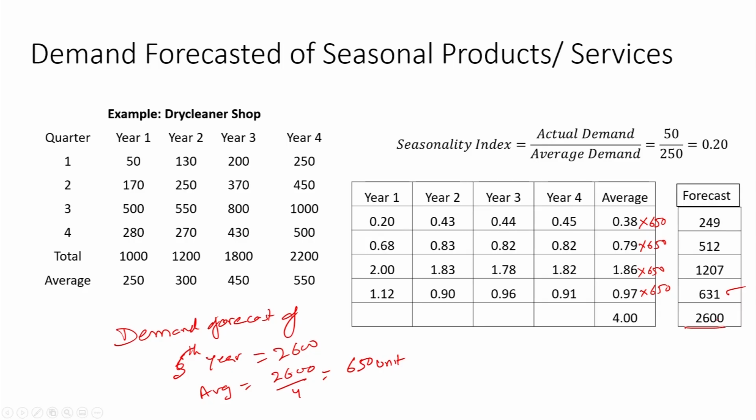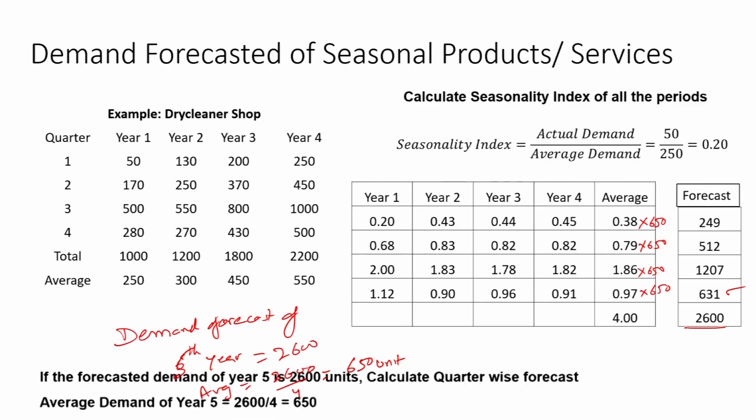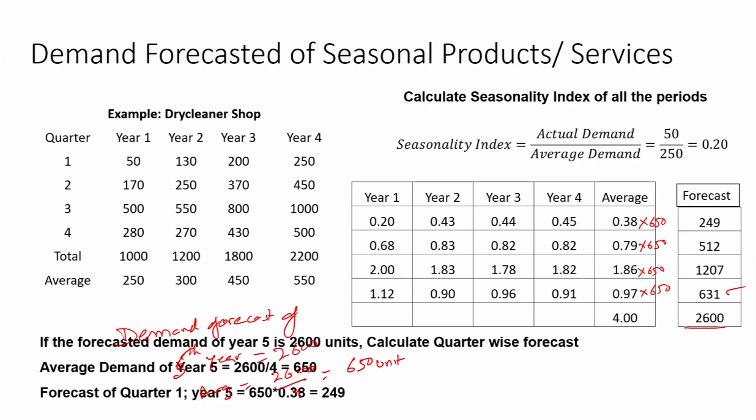So, this is how a quarter wise forecast can be made for this seasonal item, based on the calculations of the seasonality index, and then casting forward for the 5th period, I can forecast quarter wise the expected demand for different quarters. Let me erase this.